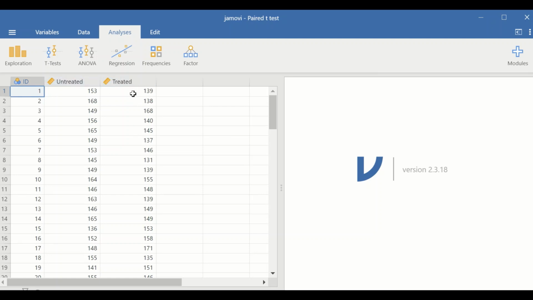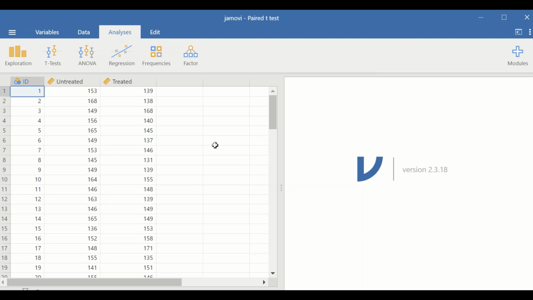So each participant was measured for systolic blood pressure at two different time points or conditions: at time 0 of no drug, and then after administering the drug.